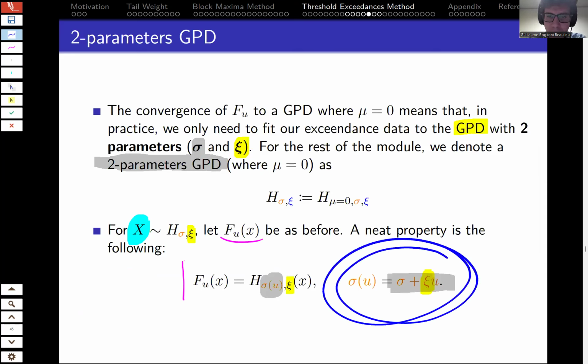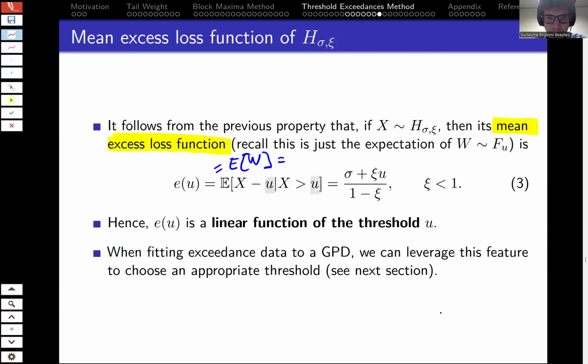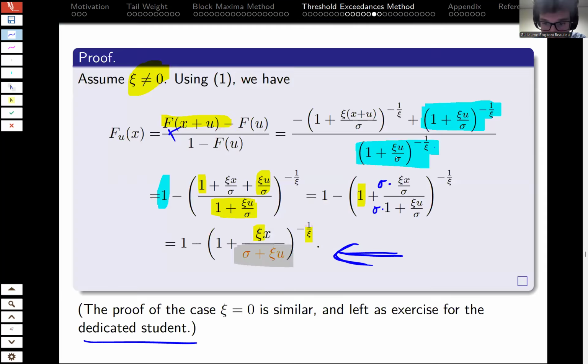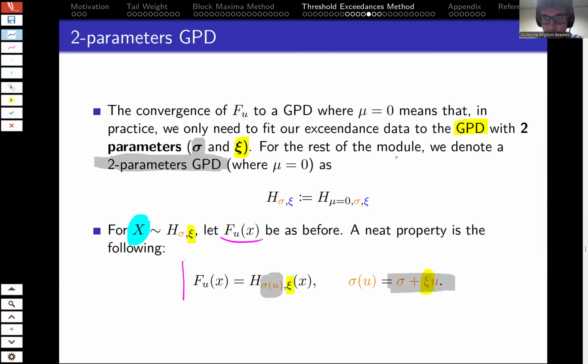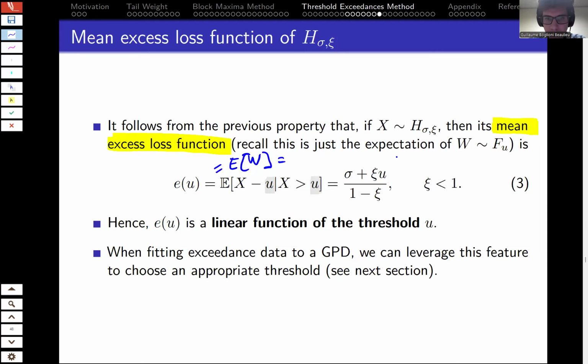But recall that in our case, the sigma is now sigma plus cu. This is why the value will be the new sigma, sigma plus cu, sorry, let's not confuse u and mu, they are different, and then divide by 1 minus c.